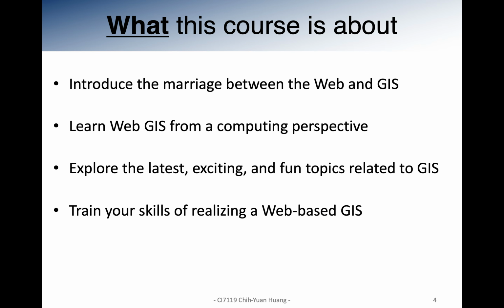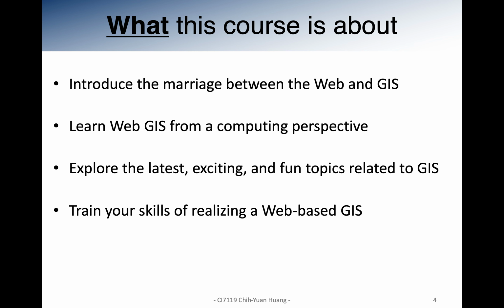So first of all, what this course is about. As the title of this course mentions, it is about cloud-based GIS. So what exactly is the cloud? The cloud is not like the cloud that we see in the sky. The cloud is actually a term from cloud computing.